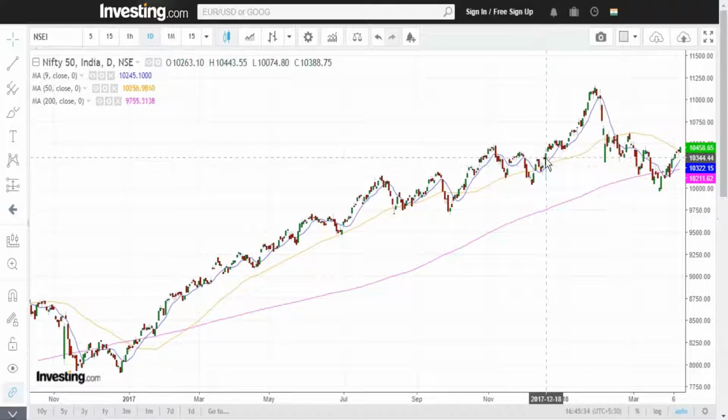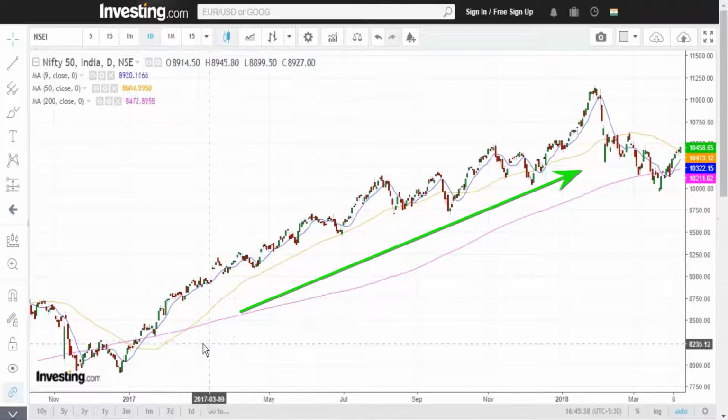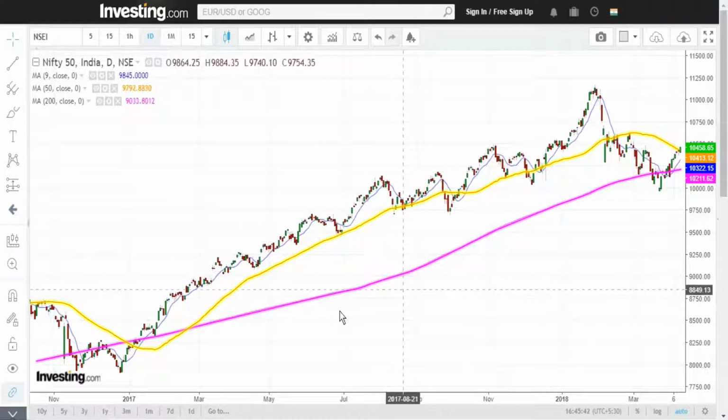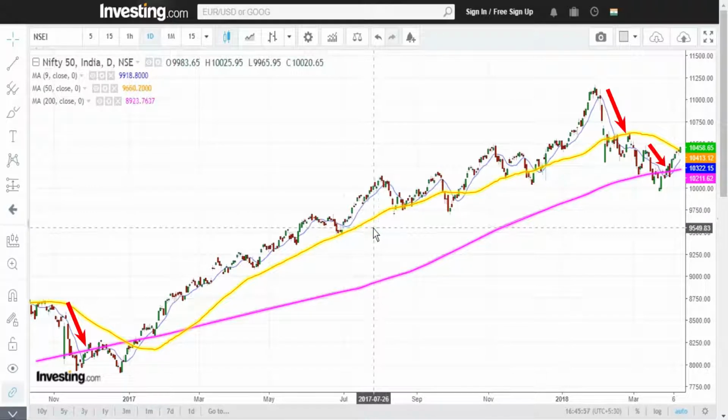Now here, when we are looking at this move, this is a very good up move, and we can see that the medium term and longer term moving averages are trending in the upward direction. So if the medium term and longer term moving averages are trending upward, we can understand from the slope that we are already in an uptrend, and vice versa, if they are in a downtrend, we are already in a downtrend.